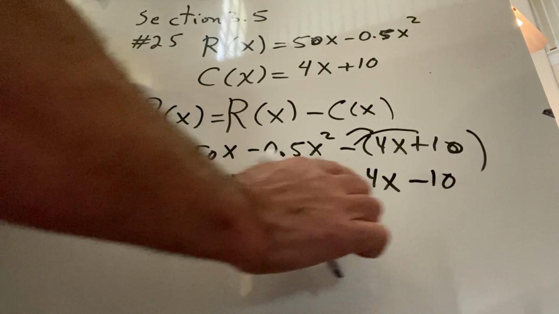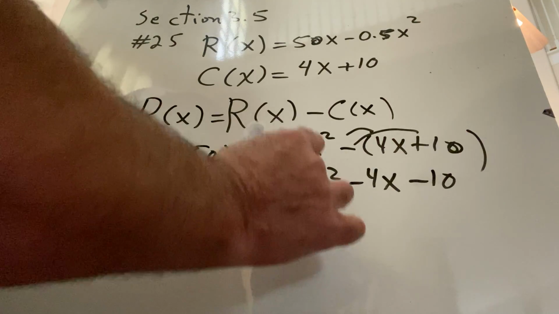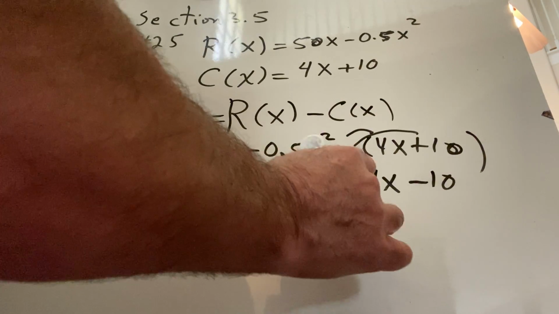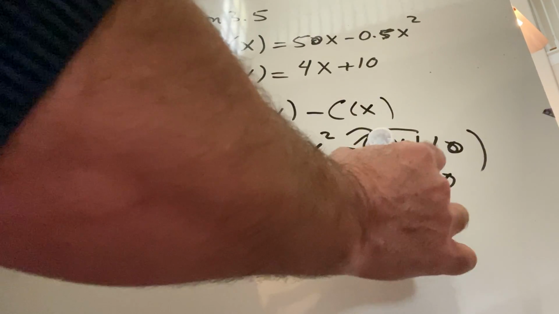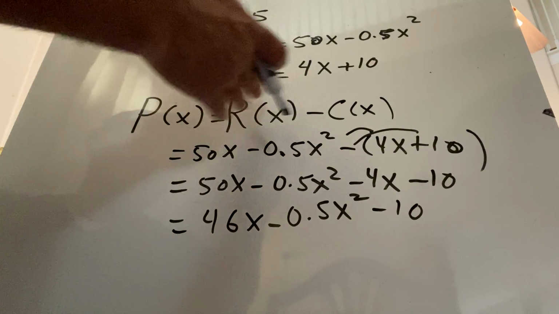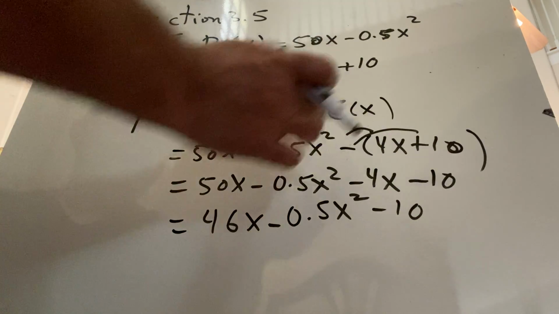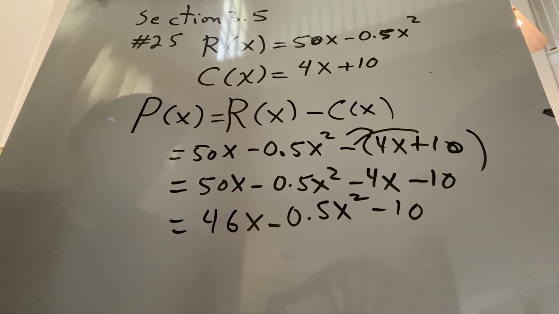Obviously 50x and minus 4x combine to be 46x, then minus 0.5x squared, and we still have minus 10. Okay, so there is your profit function, by simply using the revenue and cost functions: subtract cost from revenue, and that will always give you the profit function.